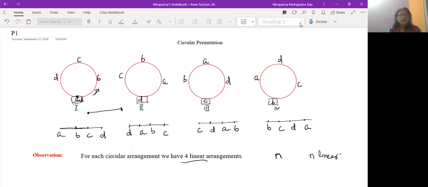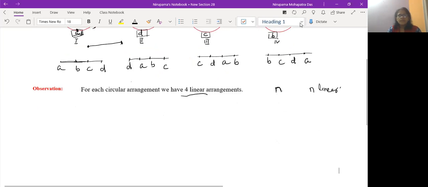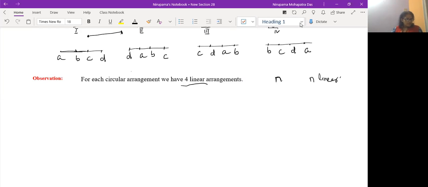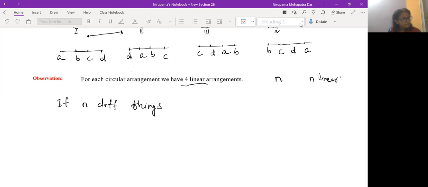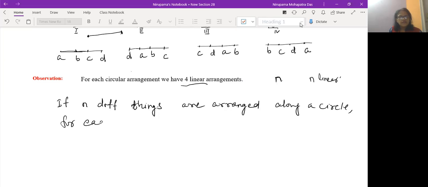So let's go a little bit further. So it means here what you can get, if n different things, n different objects are arranged along a circle, for each circular arrangement, we have n number of linear arrangements.